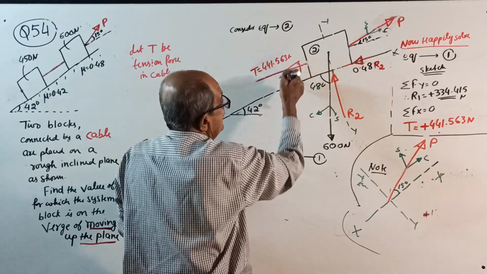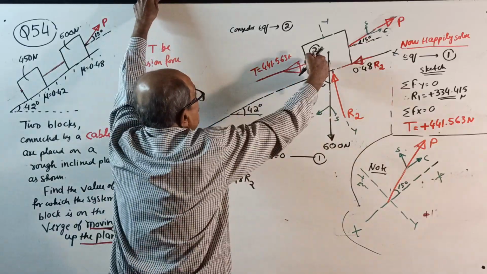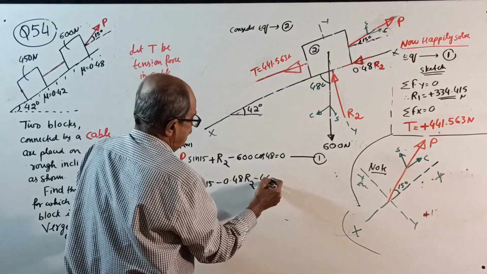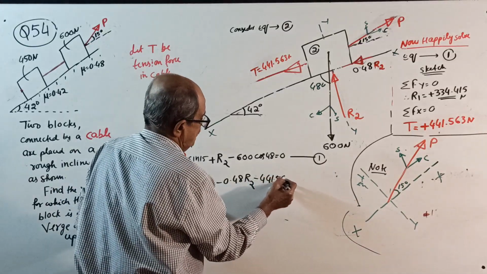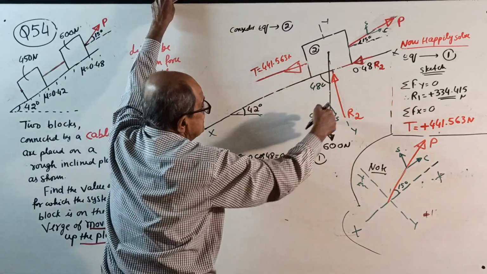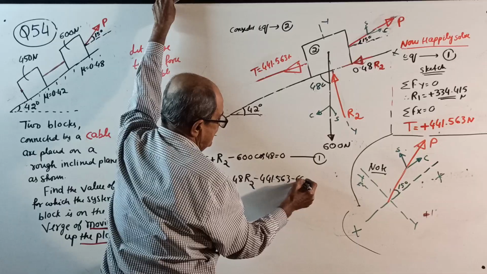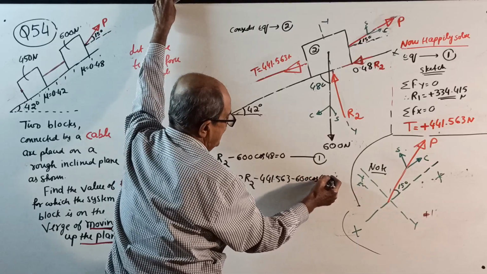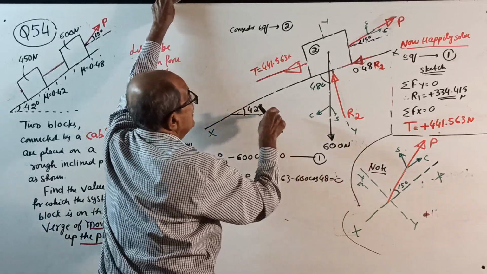441.563 Newton. So then, see, sigma Fx = 0, minus 441.563. Then lastly, minus 600 cos 48 equal to 0. See here.